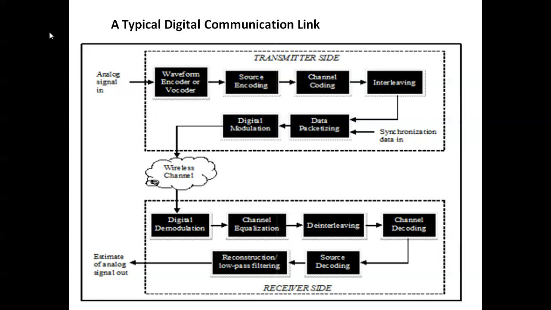Digital modulation modulates the signal, and on the receiver side we have digital demodulation, channel equalization, de-interleaving, channel decoding, and reconstruction low pass filter. The signal is reconstructed, and the final output is the original signal, the same signal.